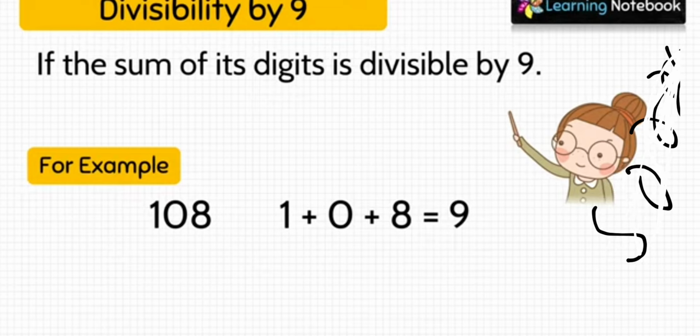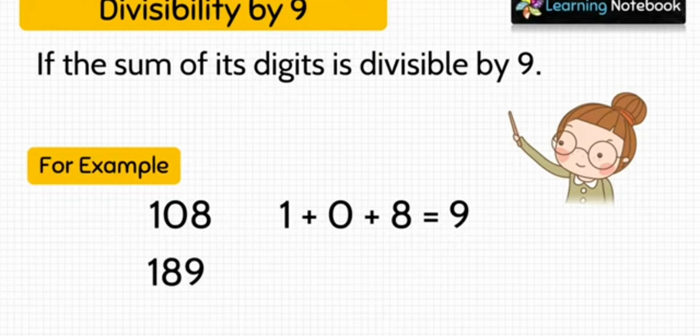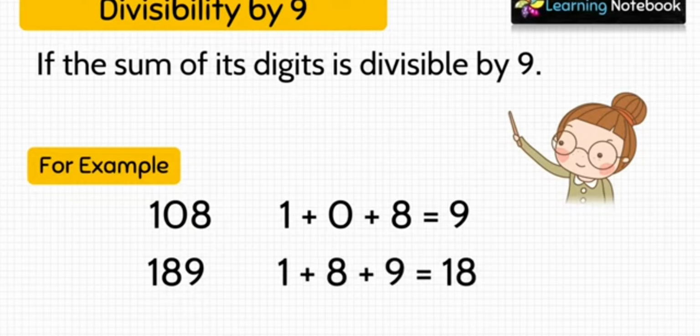So, 108 is divisible by 9. Similarly, 189: the sum of its digits is 1 plus 8 plus 9 equals 18, which is divisible by 9. Therefore, 189 is divisible by 9.